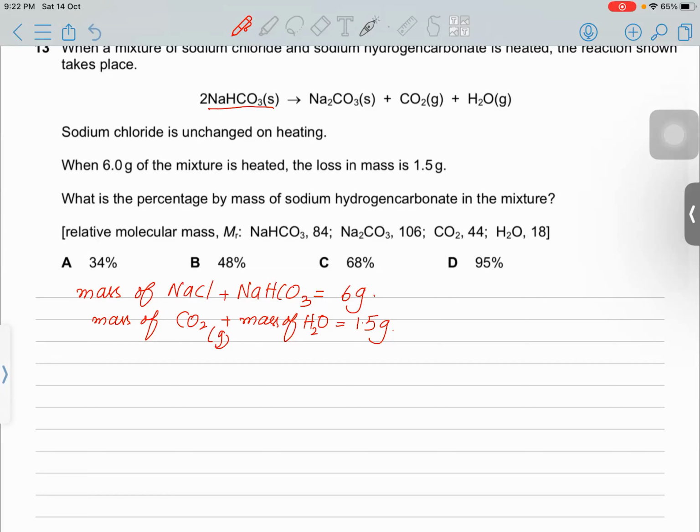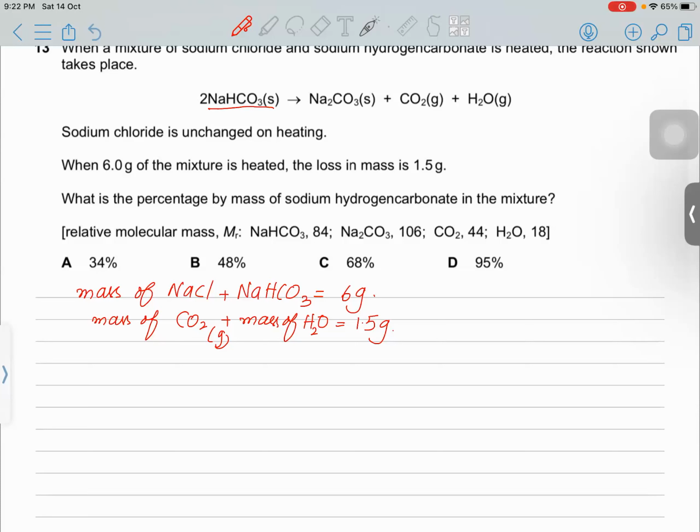When you heat, loss of mass is 1.5. So the loss is due to the production of gases, carbon dioxide and water. Understood or not? Sir, so 4.5 grams is the mass of the remaining solid.